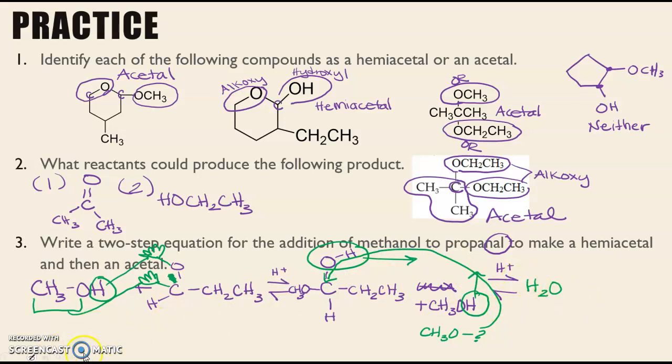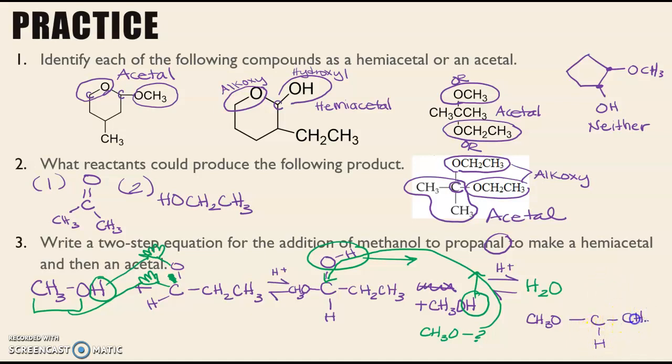And so our final acetal that we're going to make here, let's see if I have room for it. We've got the alkoxy group we added in the first step. We have our original carbonyl carbon, and it still has a hydrogen on it. And that's how I can tell it started from an aldehyde, is this presence of a hydrogen still.